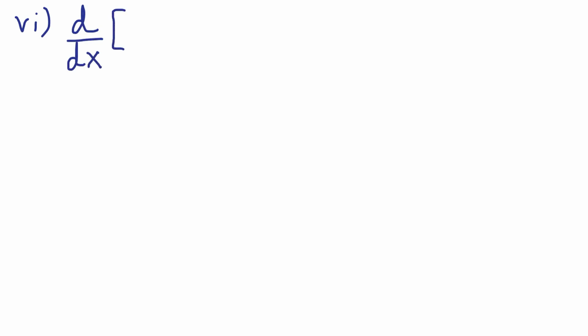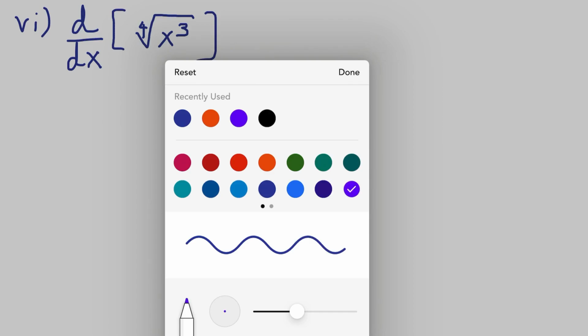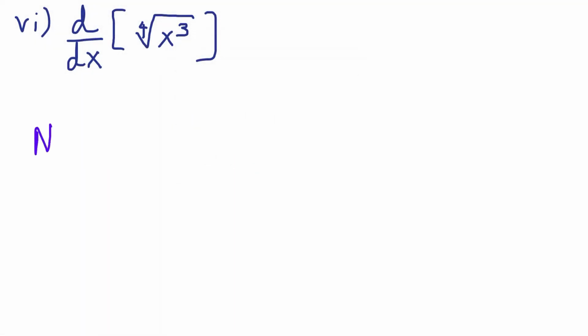Now let's consider the sixth example. I want to compute the derivative of the fourth root of x cubed. That is, this is how we represent that function. So in general, we can write down the nth root of x to the power m as x to the power m over n.